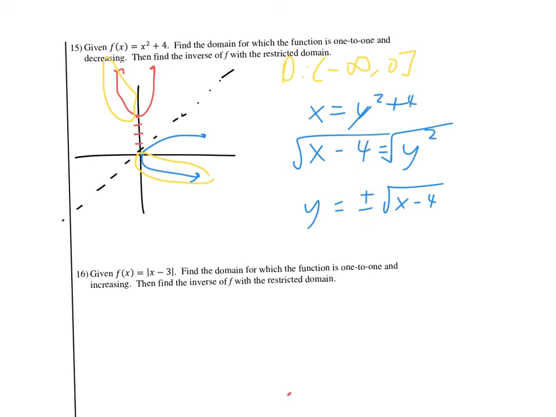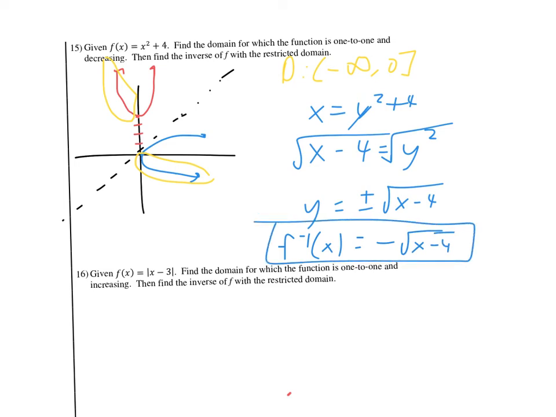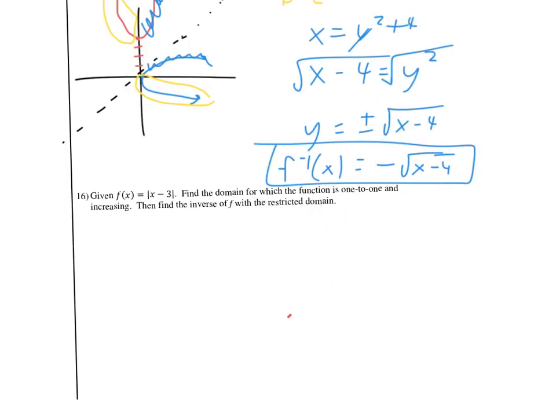So out of the plus or minus rad x minus 4, I'm going to say f inverse of x equals negative rad x minus 4. The plus or minus version is not a function, so this actually makes it so I'm kind of ignoring this piece and I'm ignoring that piece. And so you can see now both of my original and inverse functions pass the vertical line test.